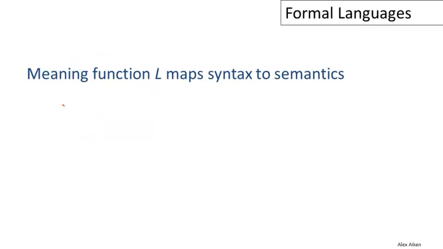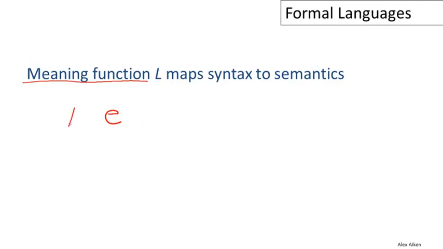Another important concept for many formal languages is a meaning function. Typically, we have one of the strings in our language, and let's call that some expression E. And the expression E by itself is just a piece of syntax. It's a program in some sense, or it represents something else which is the thing we're actually interested in.